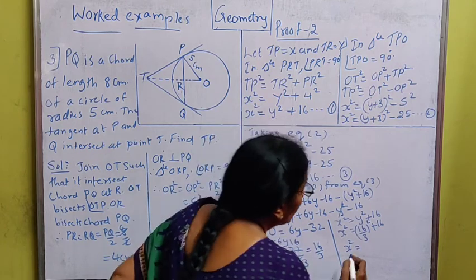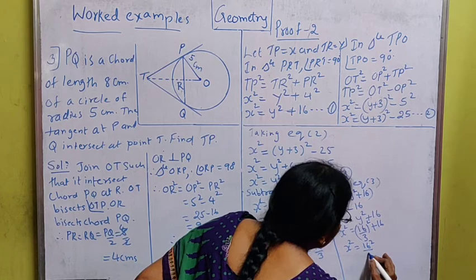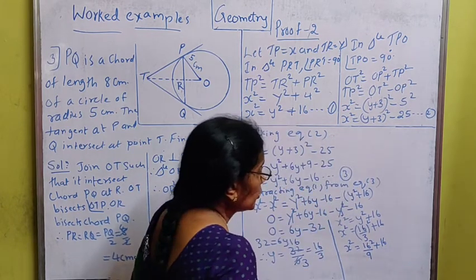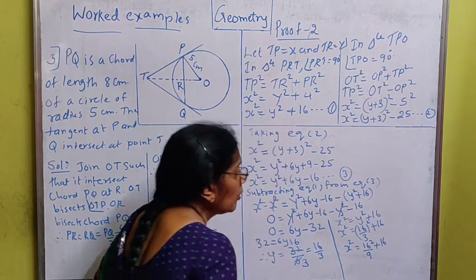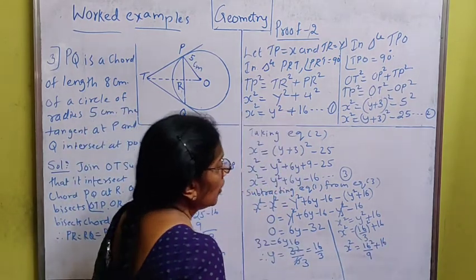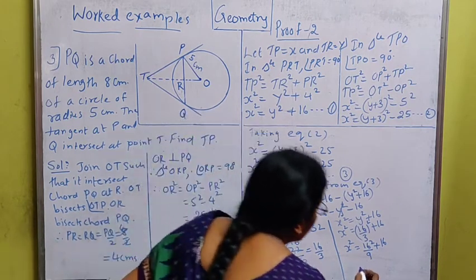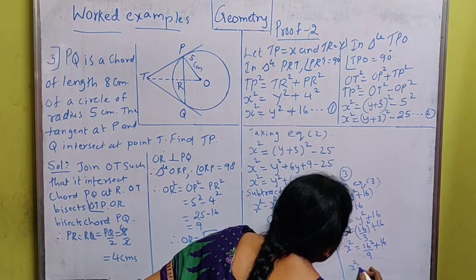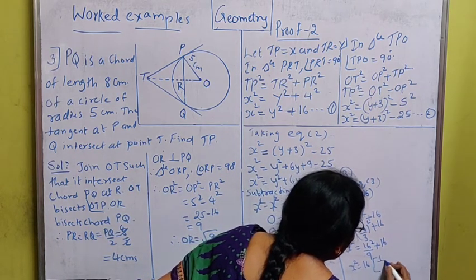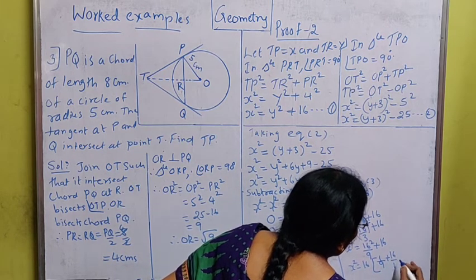So what shall I get over here now? 16 square I will keep as it is, divided by 9, plus 16. I can take 16 common, so x square is equal to 16 times 1 by 9 plus 16 by 1.